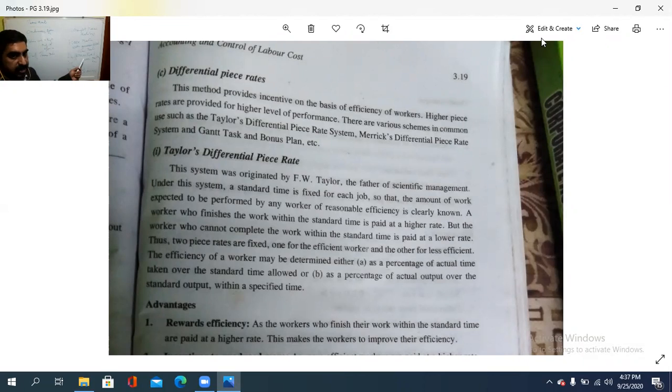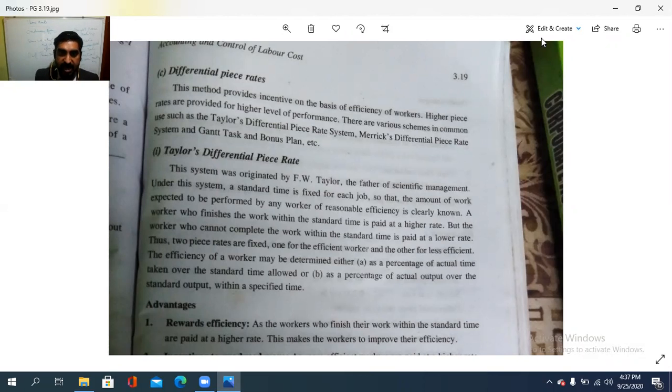Under the differential piece rate system, different rates are applied. Under that there are three: Taylor's differential piece rate system, Merrick's multiple piece rate system, and Gantt task and bonus plan. So what is a differential piece rate system? This method provides incentive on the basis of efficiency of workers.